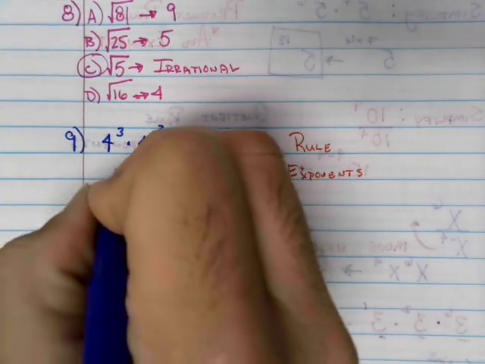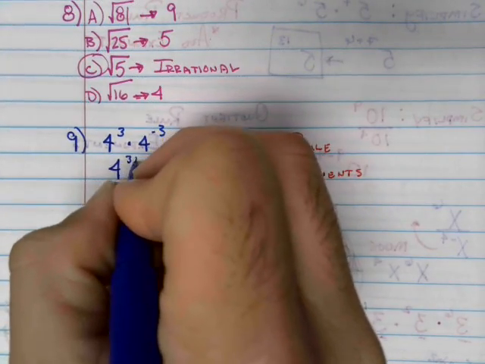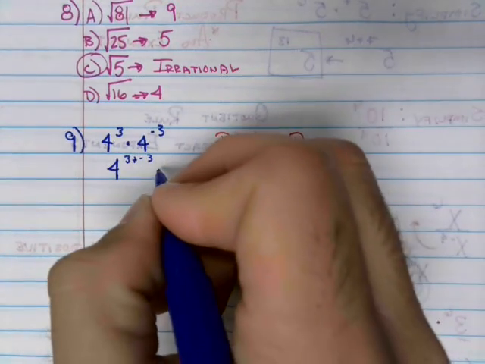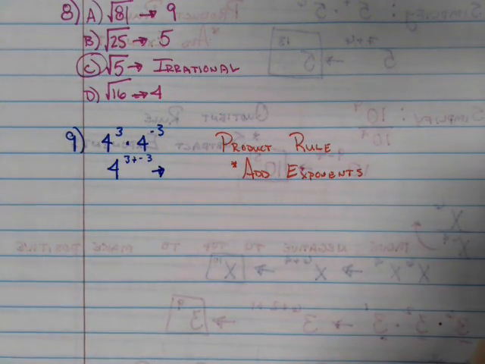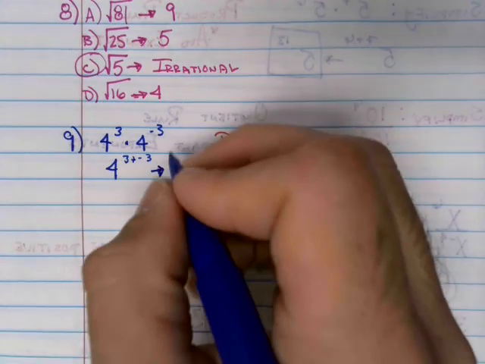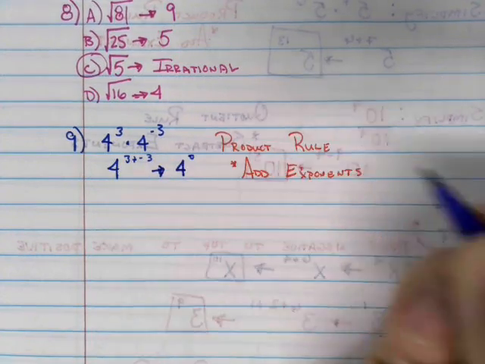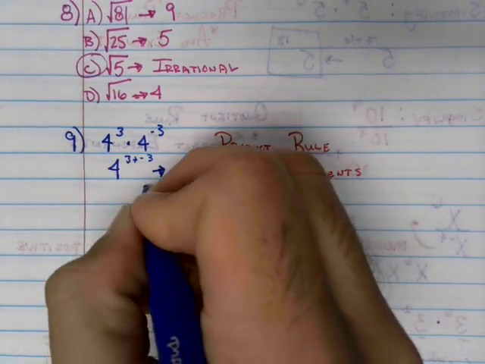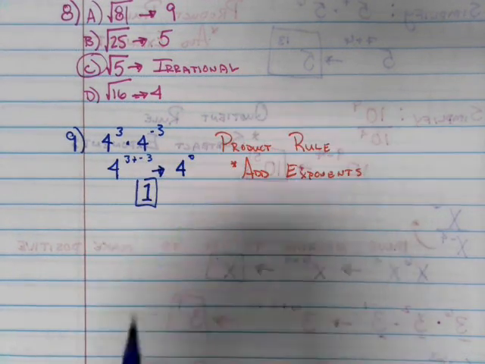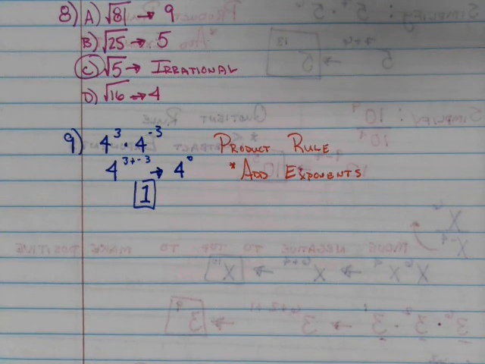So we're going to have 4 to the 3 plus negative 3. What is 3 plus negative 3? 0. They're opposites. Opposite numbers always add up to 0. So 4 to the 0 power, or anything to the 0 power, is automatically what? 1. So your answer for 9 would be 1. It says what is equivalent, but they don't have any multiple choice there. So the answer would just be 1 for number 9.